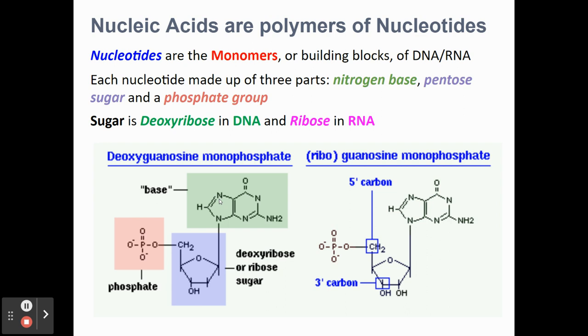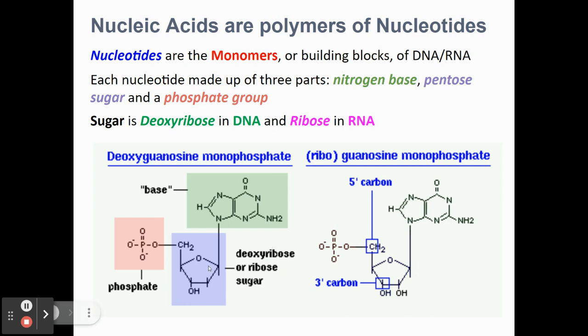Do notice that the sugars are slightly different in DNA and RNA. In DNA, it's deoxyribose, and in RNA, it is ribose. The name for DNA, that's an abbreviation, stands for deoxyribonucleic acid, and for RNA, it is ribonucleic acid.